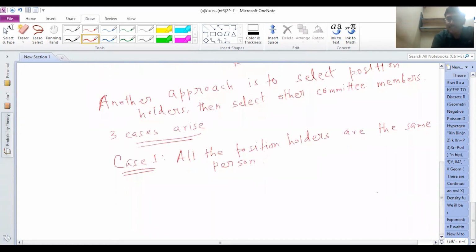So in that case, we can choose that person in n ways, and for the remaining n minus 1 people, they might either be in the committee or might not be. So the number of ways in which the committee can be formed with the position holders is n times 2 power n minus 1.